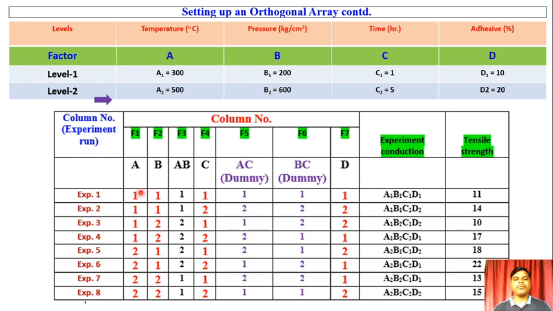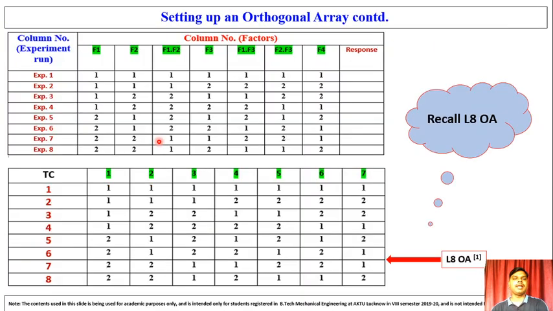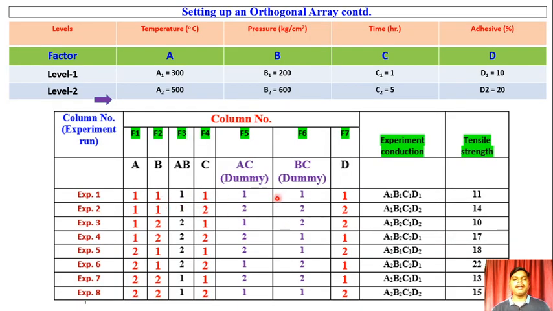We wrote all the parameters as given in the orthogonal array table, and marked AC and BC as dummy factors. So for experiment number 1, A has to be maintained at level 1, B level 1, AB level 1, C level 1 and D level 1. The main important factors contributing to the response, that is tensile strength, are basically A1 lower level, B1 lower level, C1 lower level and D1 lower level.